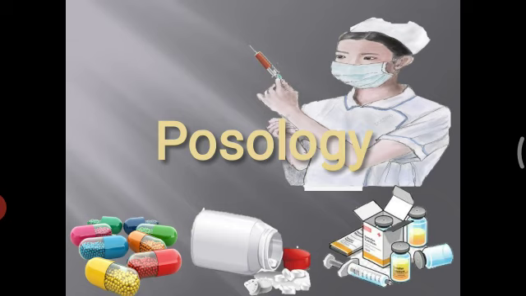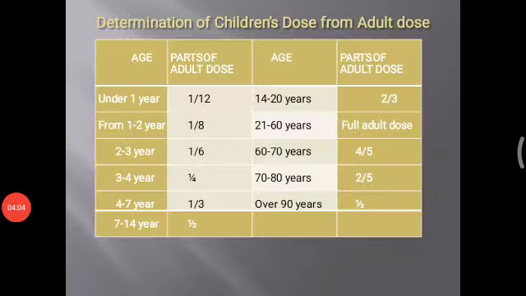It is better to depend on a handy reference book rather than on one's memory while prescribing a dose for a child. This table shows the determination of children's doses from the adult dose on the basis of body surface.